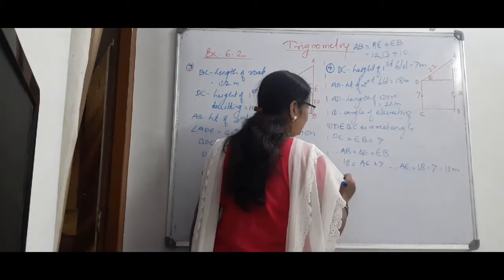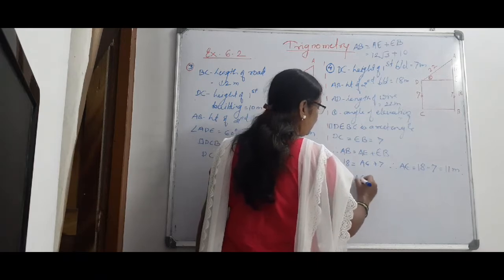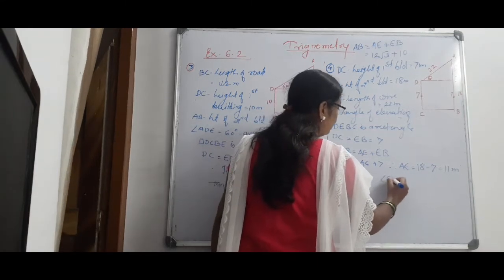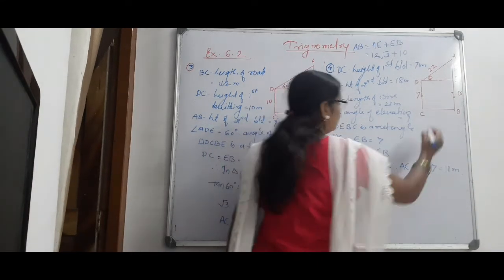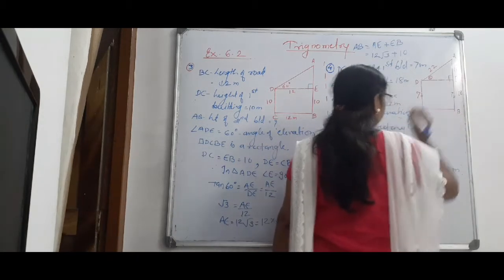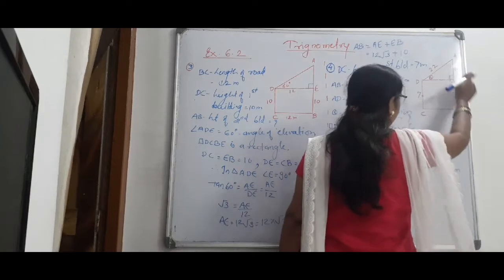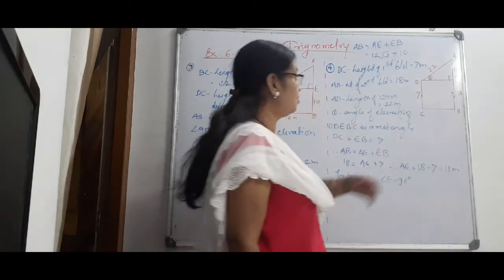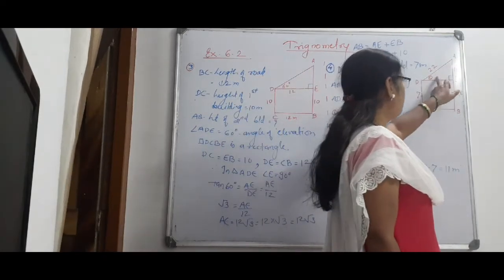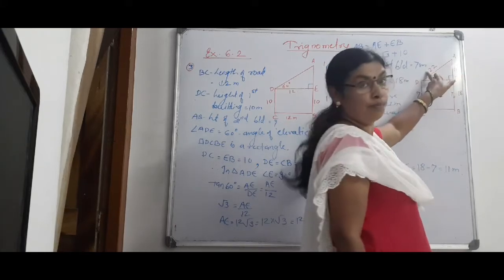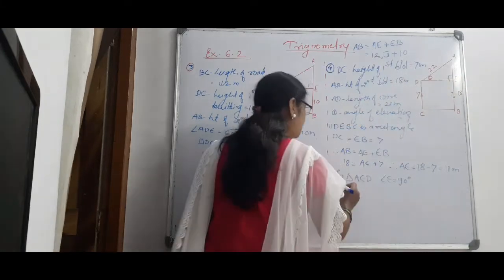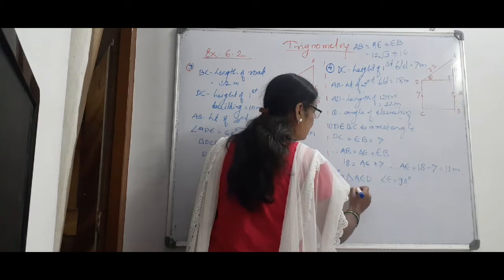Now see here, in triangle AED, angle E is equal to 90. This angle is 90. Now what is given? AD is 22 and AE is 11. Now see here, the angle is theta, means what is given? Opposite and hypotenuse. Opposite and hypotenuse means what you have to take? Sine.